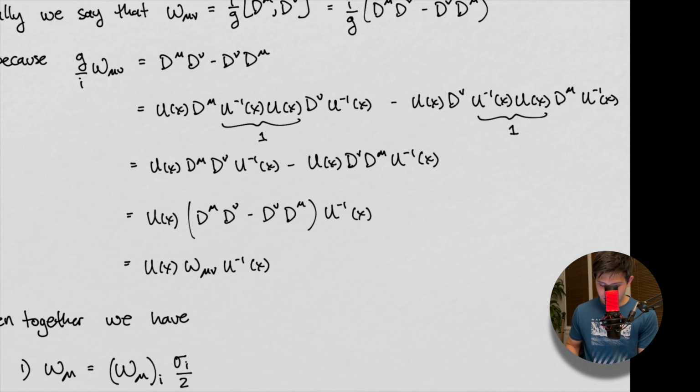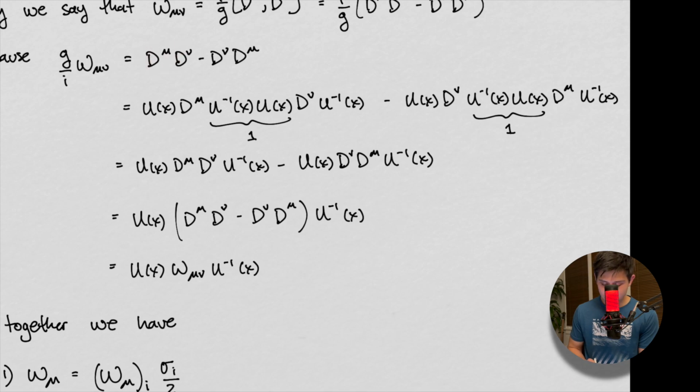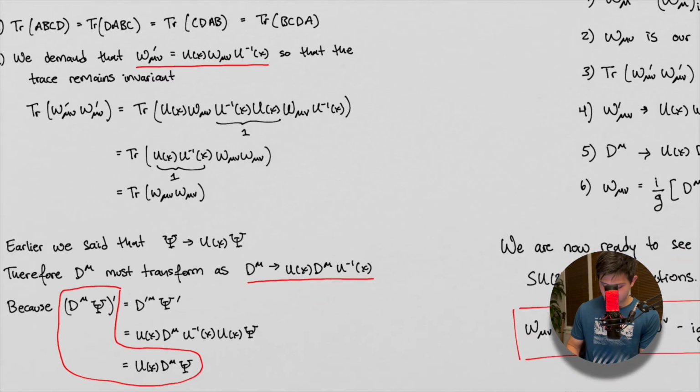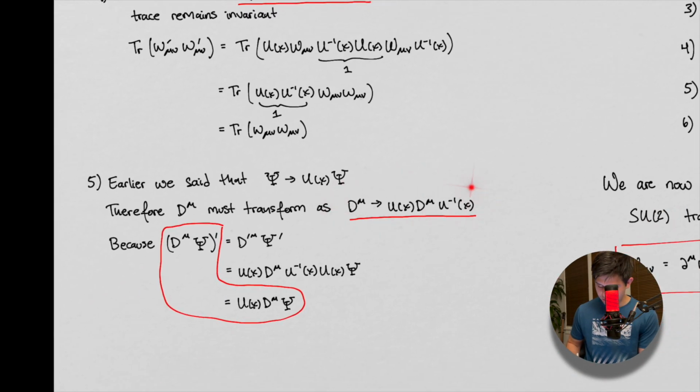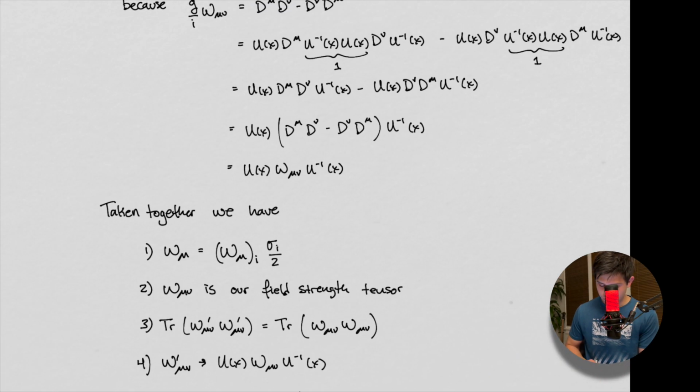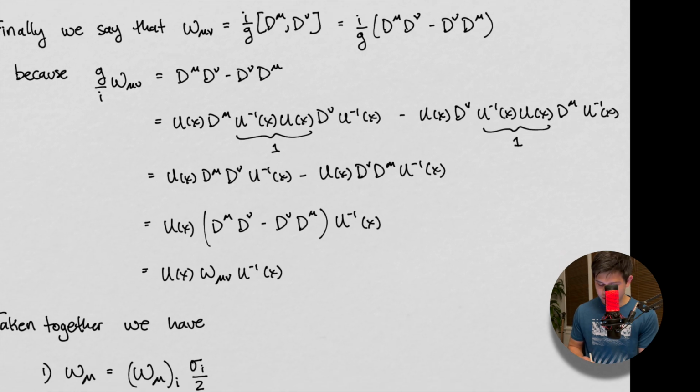And what we can do now is transform each D here. As we've seen, this is how they transform right here. So we just do that here. Things start canceling out as 1 here.